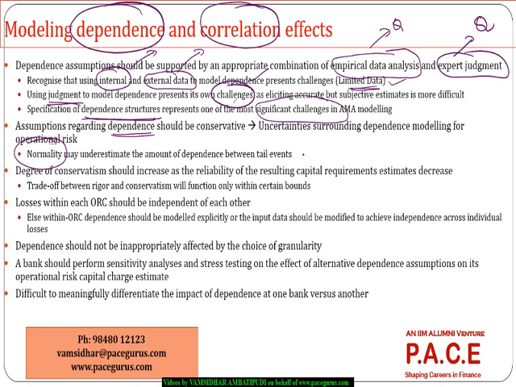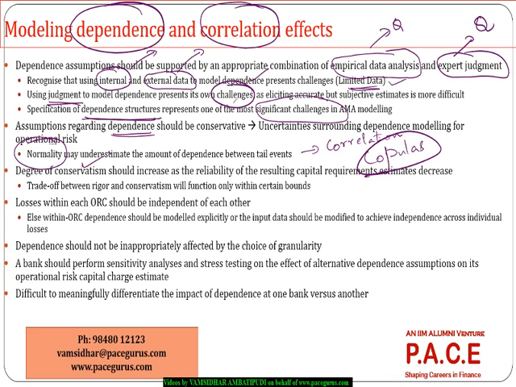So a normal correlation kind of approach may not be appropriate to model the dependence here. That's the reason copula kinds of approaches are more and more suited to model the dependence here, especially with respect to the tails. So there should be a degree of conservatism.